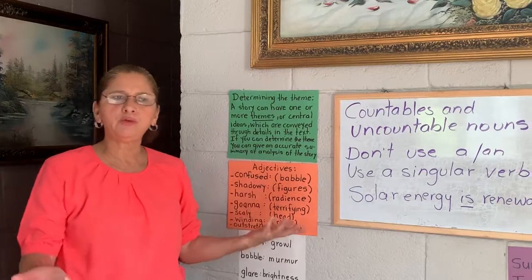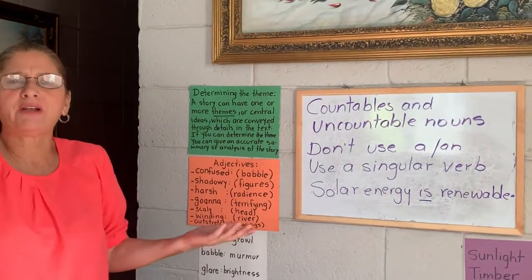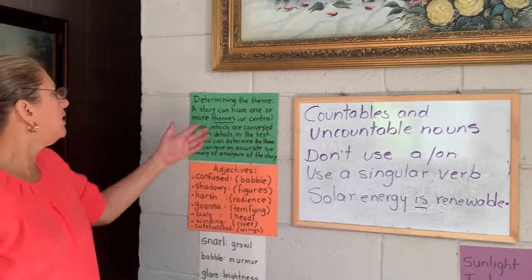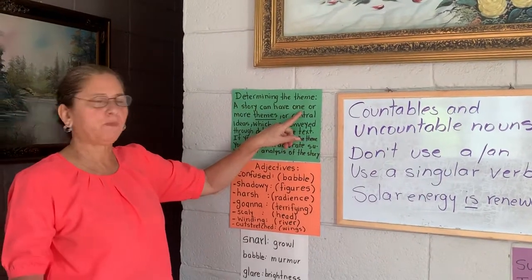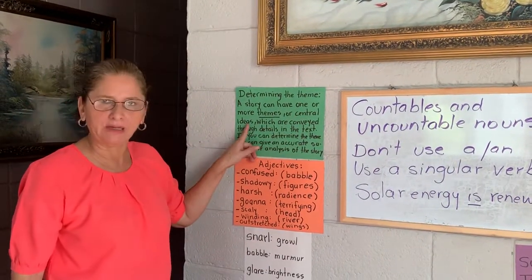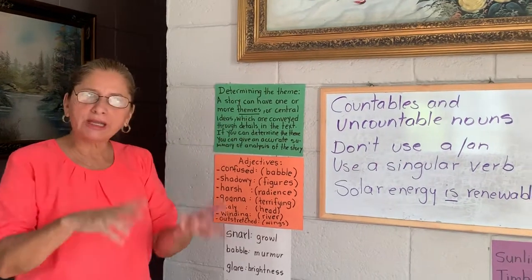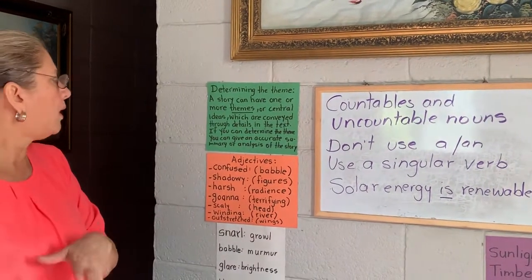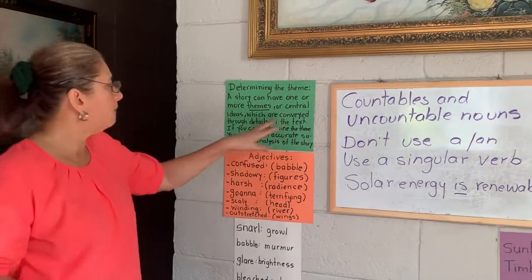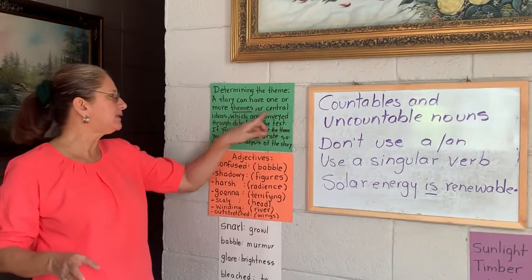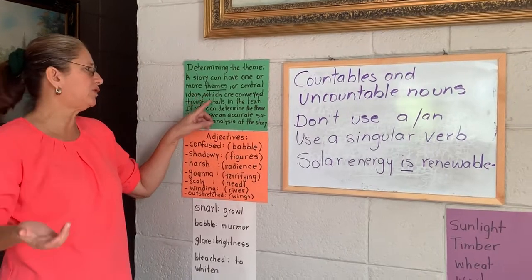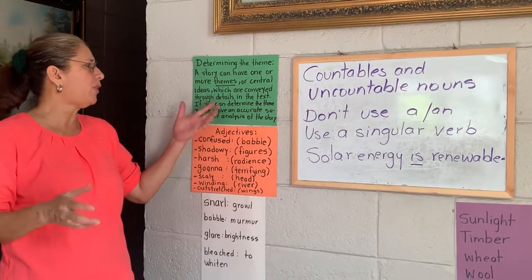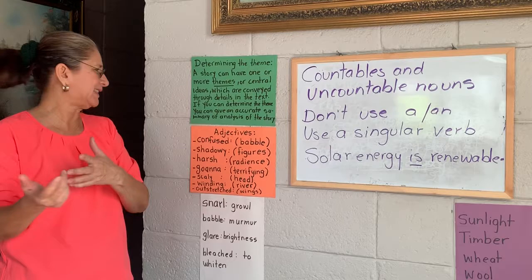And you may ask yourself, what is theme, Mrs. Ramirez? The theme in a story is the central idea. A story can have one or more themes. But remember that theme is the central idea of the story, the main idea of the story, which is conveyed through details in the text.